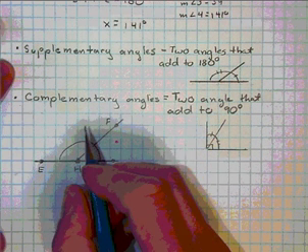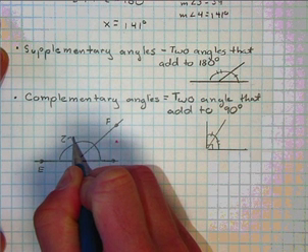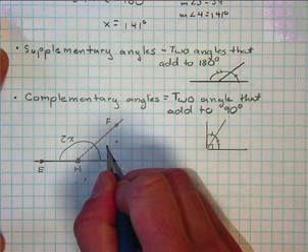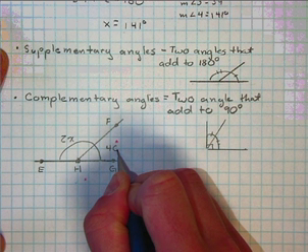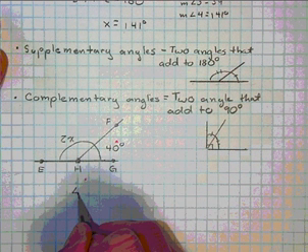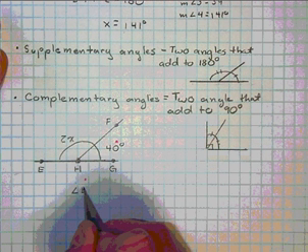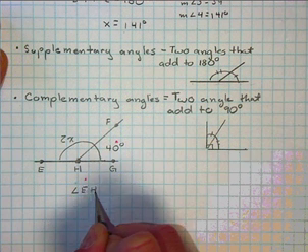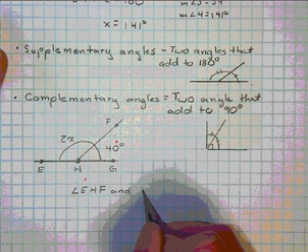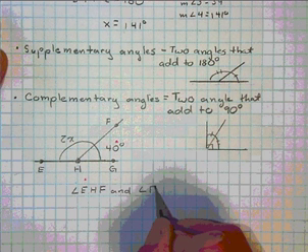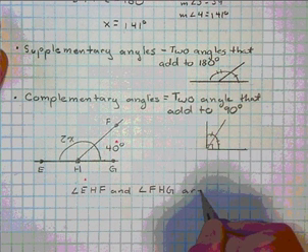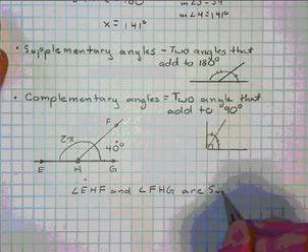And the problem that I'm going to give you is this. This angle is 2x, and this angle is 40 degrees. Angle EHF and angle FHG are supplementary.